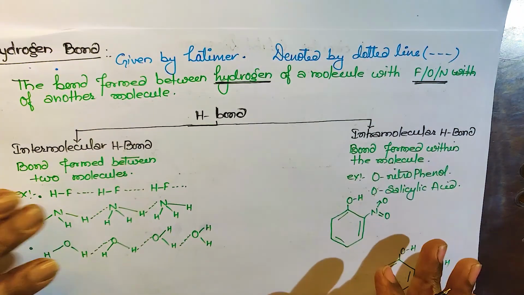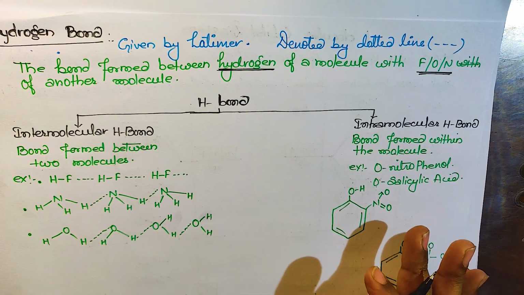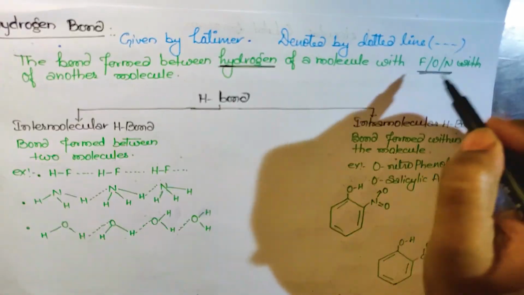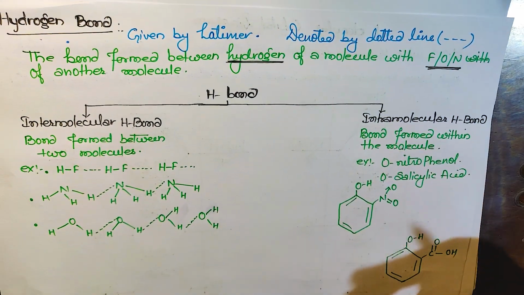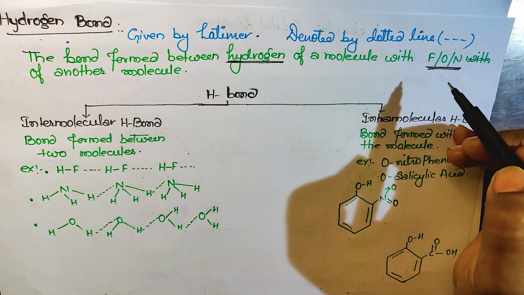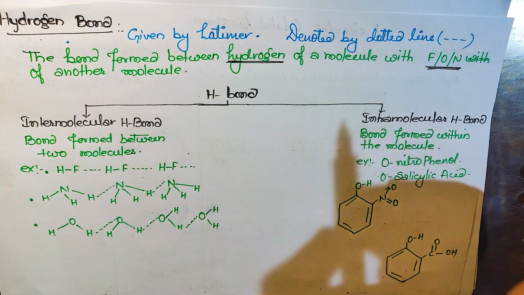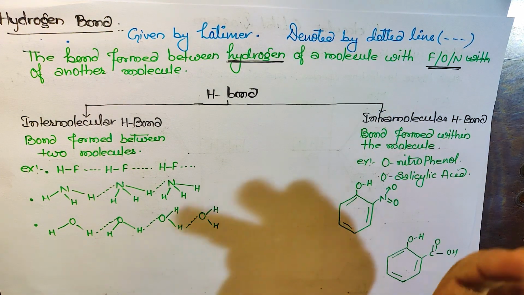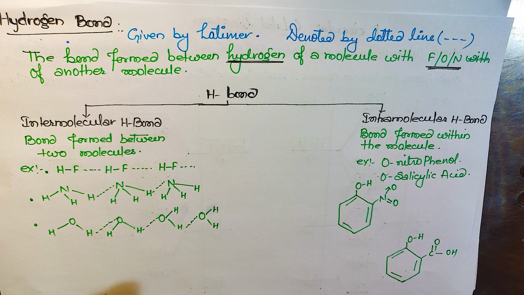Got it? It won't form with any other electronegative element. It should be only FON, either in the same molecule or in a different molecule, and that is denoted by the dotted line.